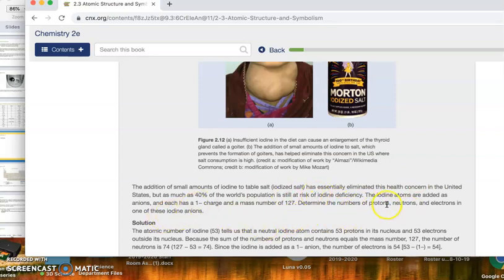In this case, the iodine atom says atoms are added as anions. And so we know anions have negative charges, and it says that this iodine ion is going to have a -1 charge. So we have to figure out the number of protons, neutrons, and electrons in one of the iodine anions.